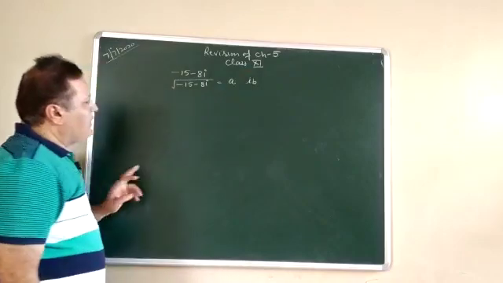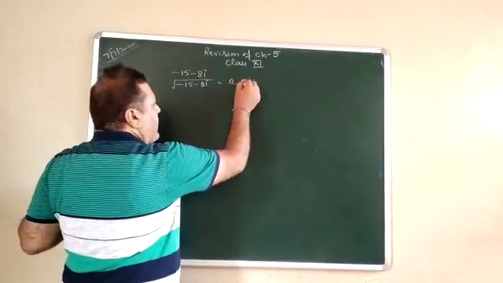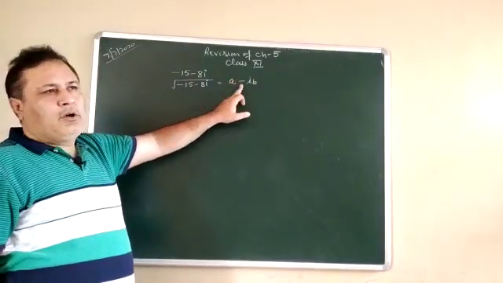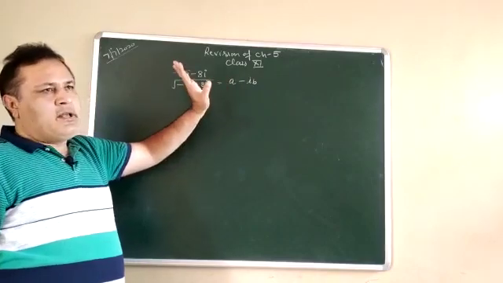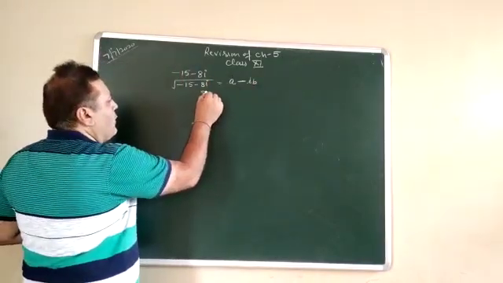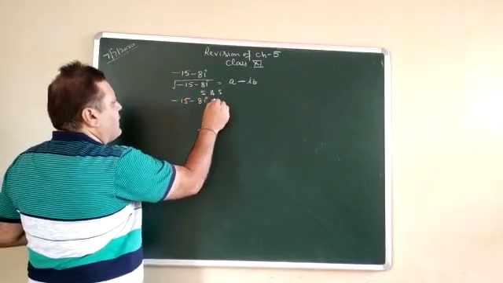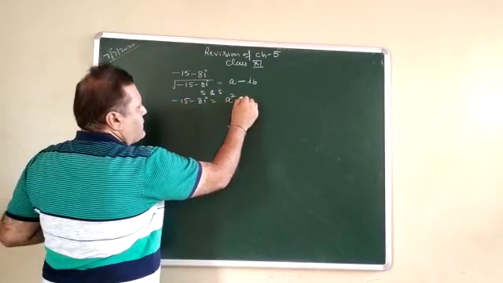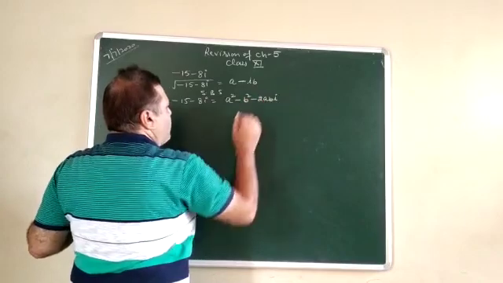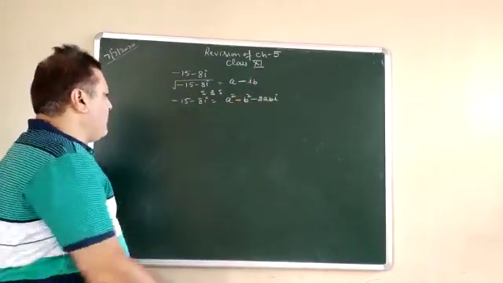Remember one thing, if your i contains a negative symbol, then apply negative here; if it contains a positive symbol, apply positive here. a is always positive. Now squaring both sides, 15 - 8i is equal to a² - b² - 2abi. We know i² is -1, due to that there is a minus.